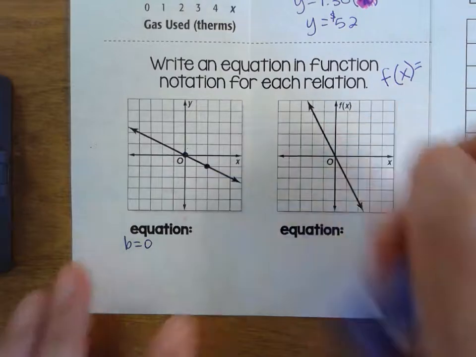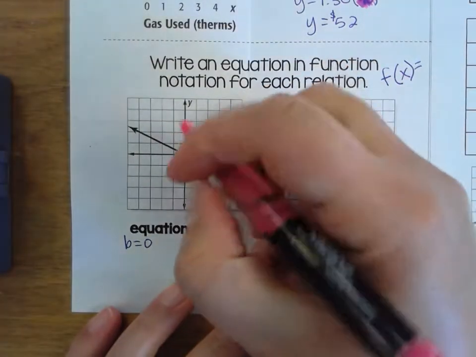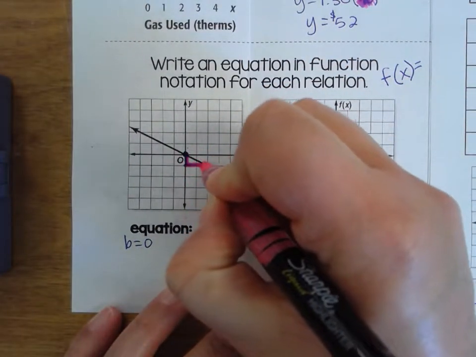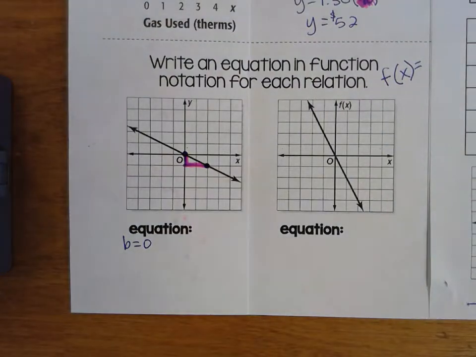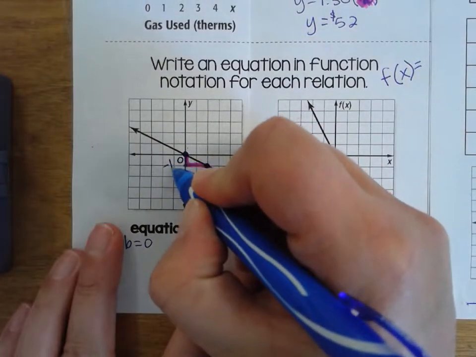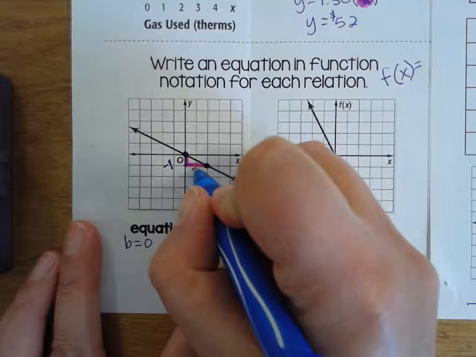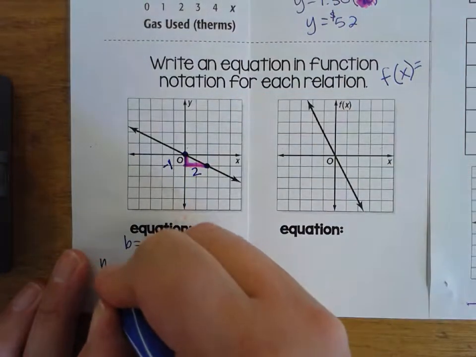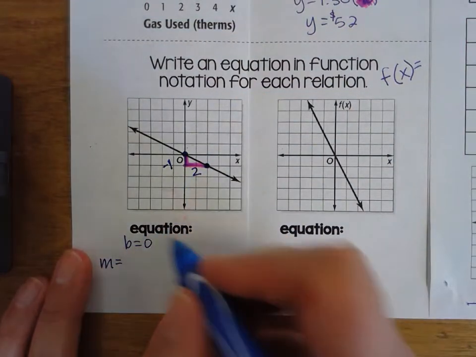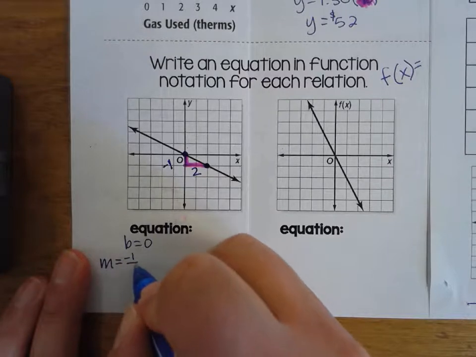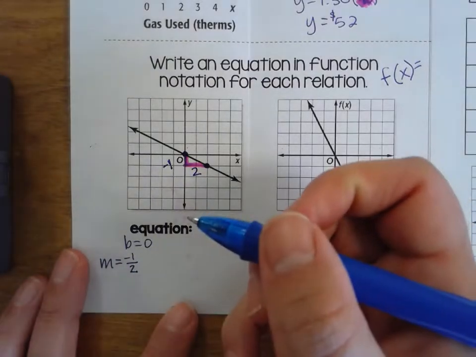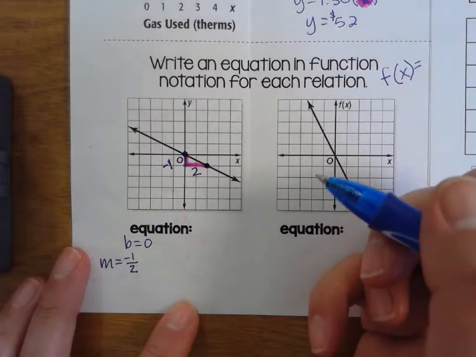So it looks like I'm going like a pretty low slope. So it looks like I'm going down 1, so that's a -1, and then I'm going to the right 2. So here's my slope value. M equals -1 over 2. And that won't reduce anymore, so I can go ahead and leave it like that.